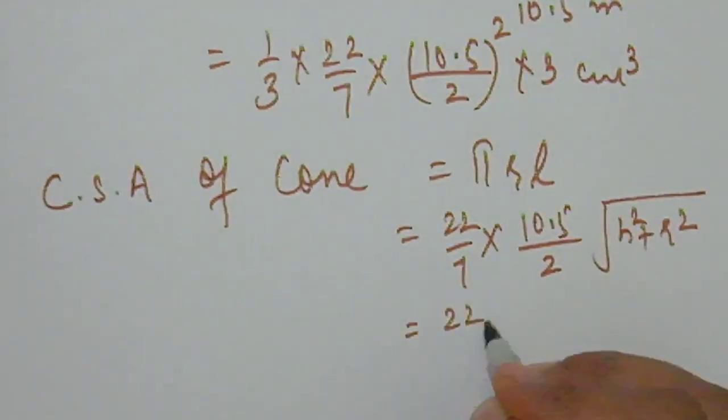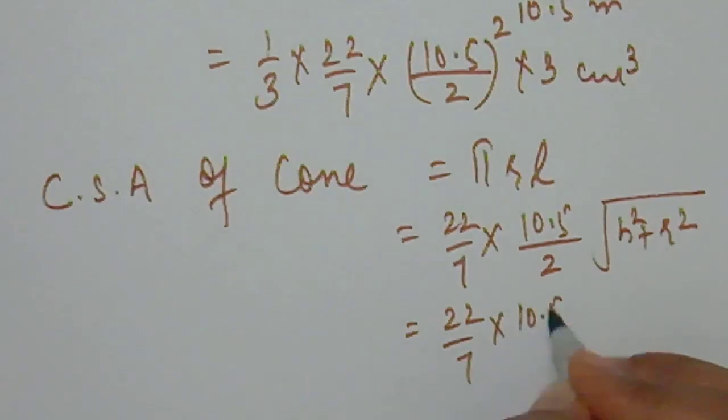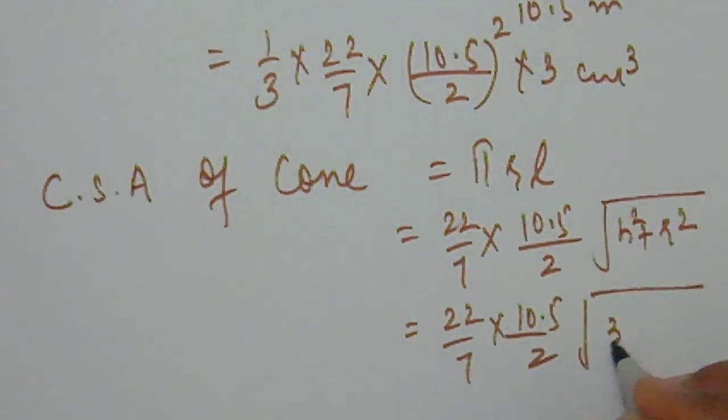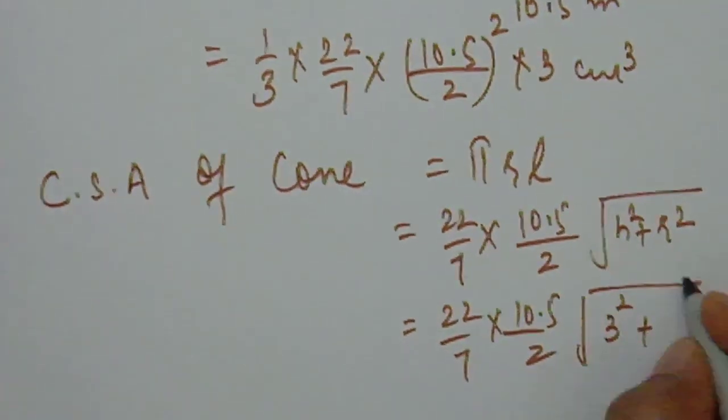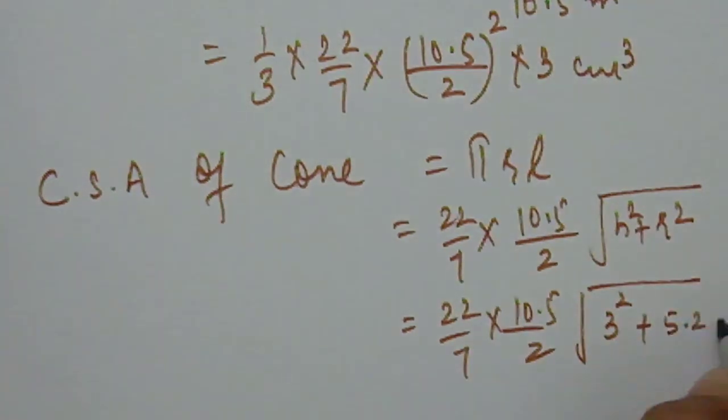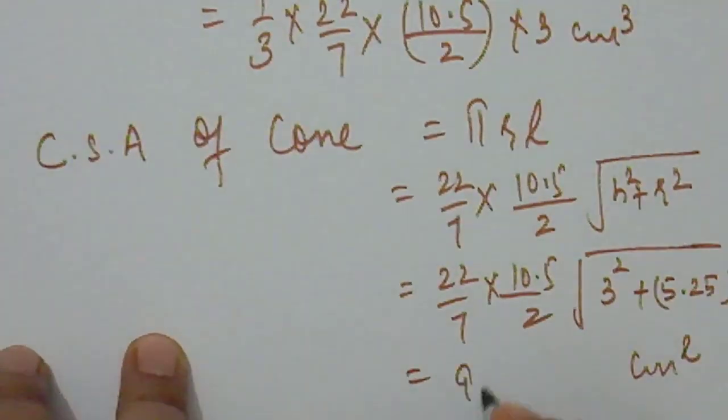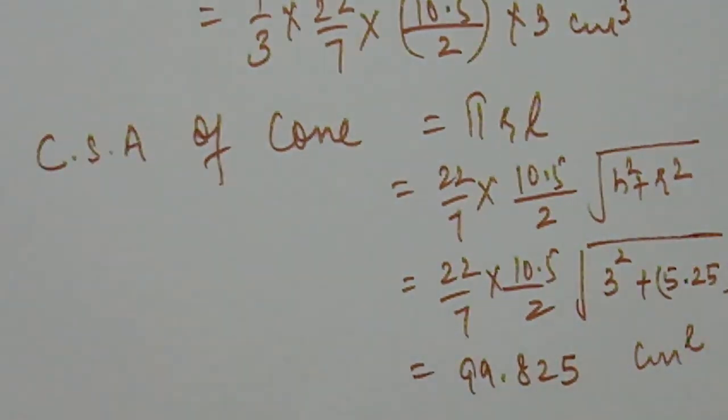So we have to find it also. H is 3 square, and r is 5.25 square. You have to solve it, and then this is your answer in meter square. Now students, this is finished, and this is your today's lecture.